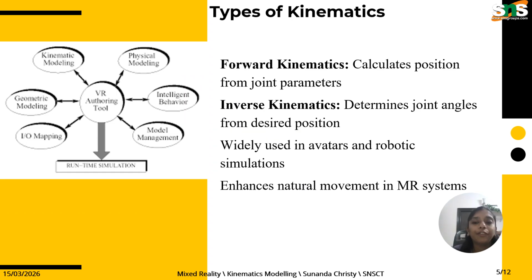There are different types of kinematics modeling in mixed reality. The first one is forward kinematics and the second one is inverse kinematics. Forward kinematics calculates the position from the joint parameters, that is, the parameters between one space and the other.